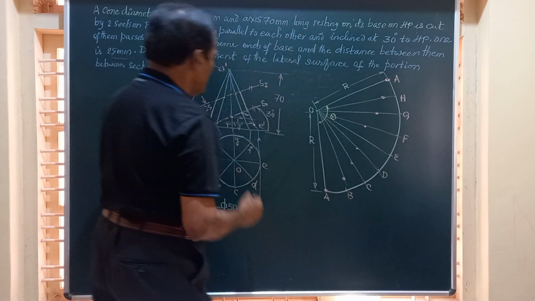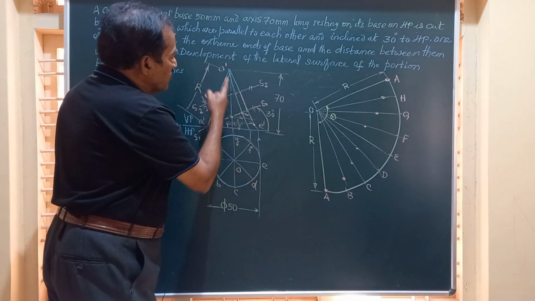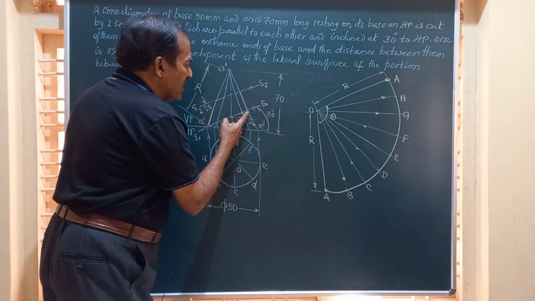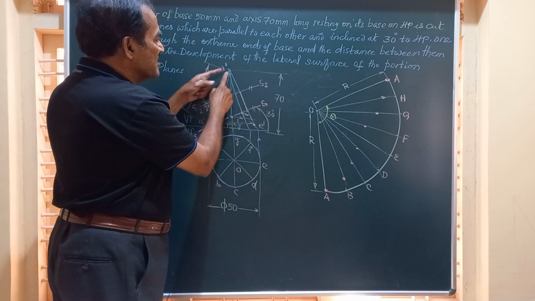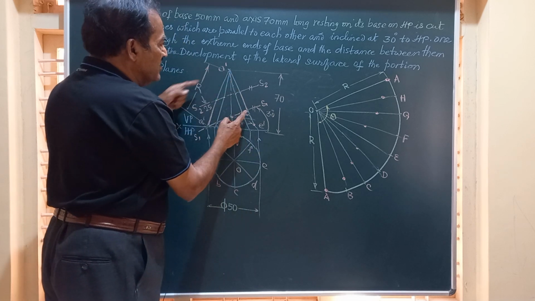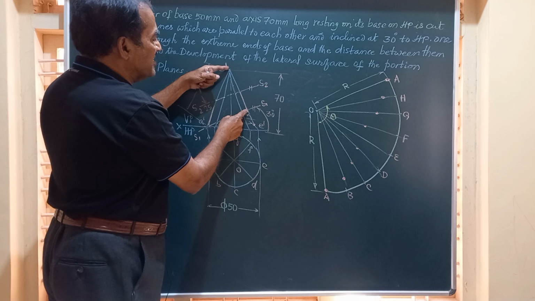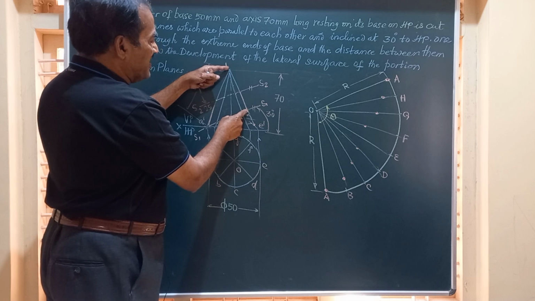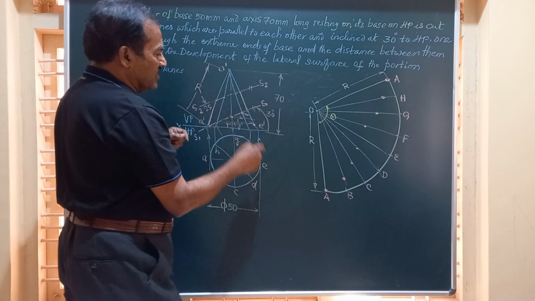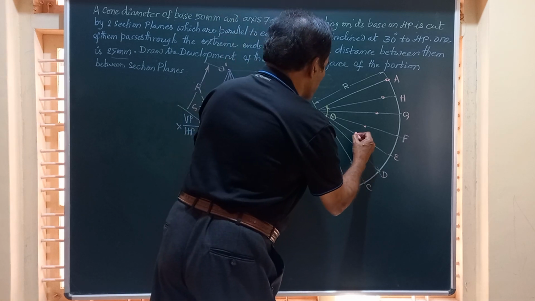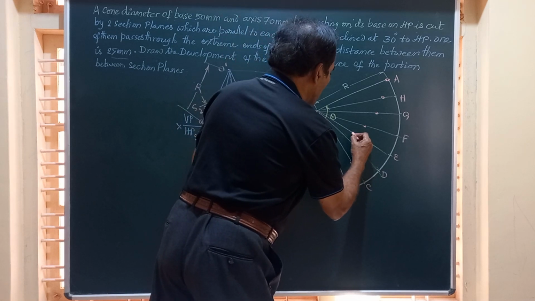So friends, we are left with the last generator. O dash E dash is cut at this point, and this is the true length of the generator. Simply you can mark this distance from the apex till here. That is on the point OE. Friends, we have got all these points.